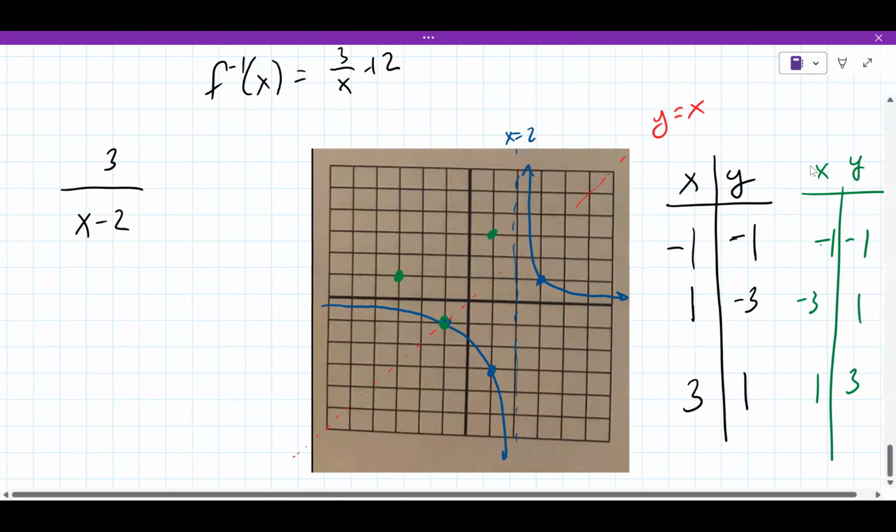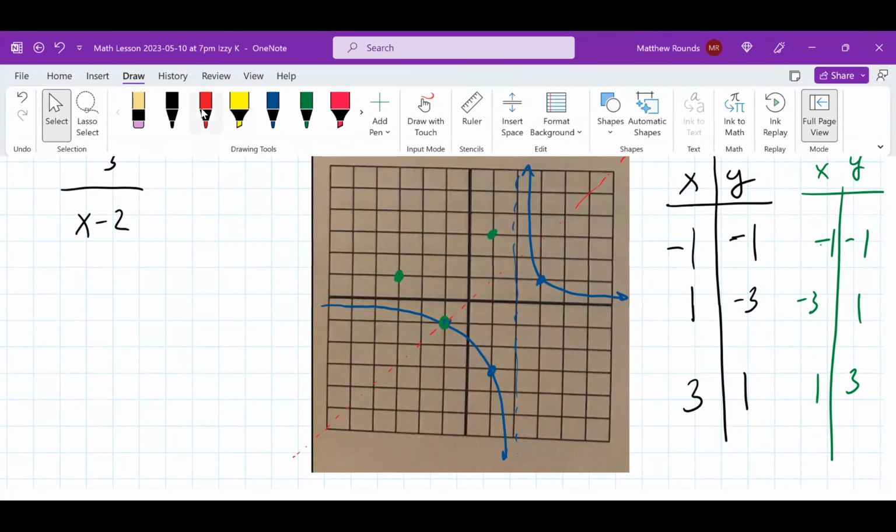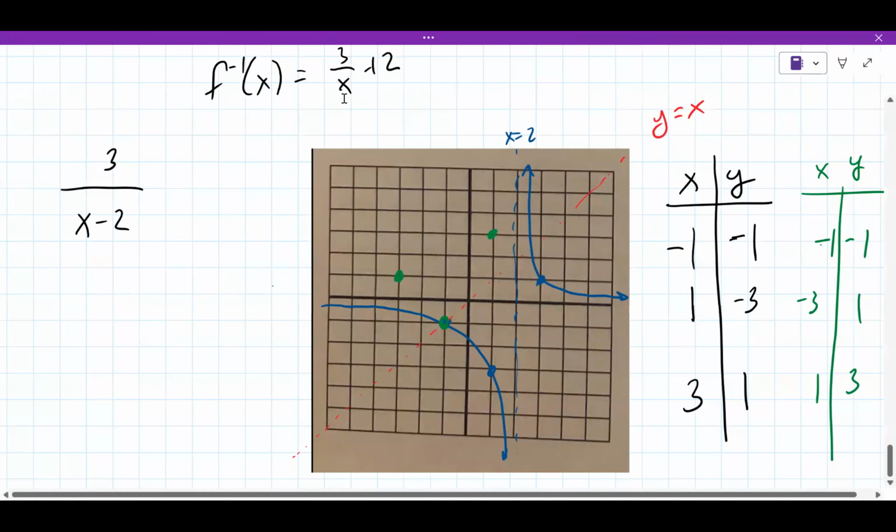So this is not a full-on graph. I don't know what to suggest here. It's actually kind of difficult to do. The 3 over x plus 2 has a horizontal asymptote at 0. Okay, I'm sorry, that's wrong. I apologize. Vertical asymptote at 0. Maybe I said the right thing.